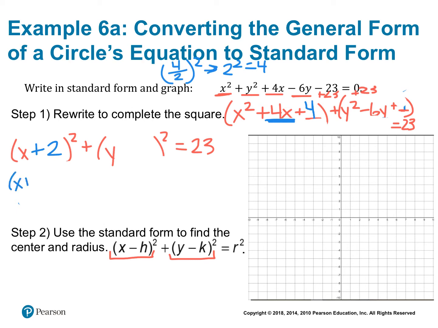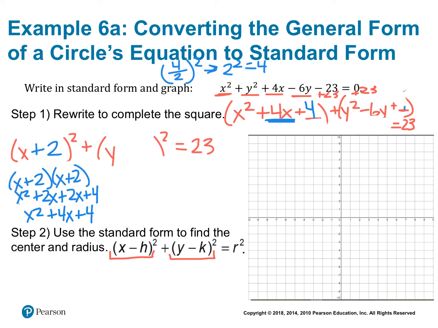X plus 2 squared. If I FOIL that out, I get x squared plus 2x plus 2x plus 4, which is x squared plus 4x plus 4, which is what I wanted to try to get.